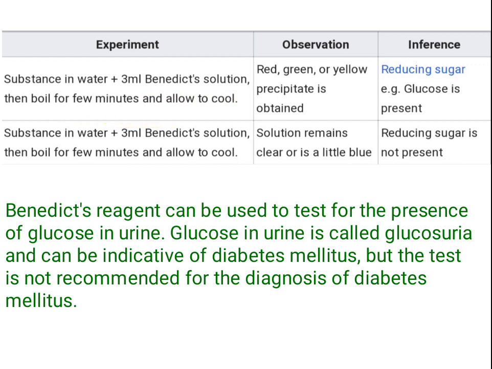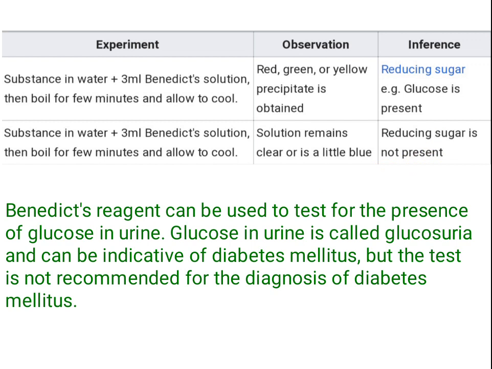If you observe that a red, green or yellow precipitate is appearing, then it is confirmed that a reducing sugar is present. And if the solution remains clear or just a little blue color appears, then it is confirmed that a reducing sugar is not present.